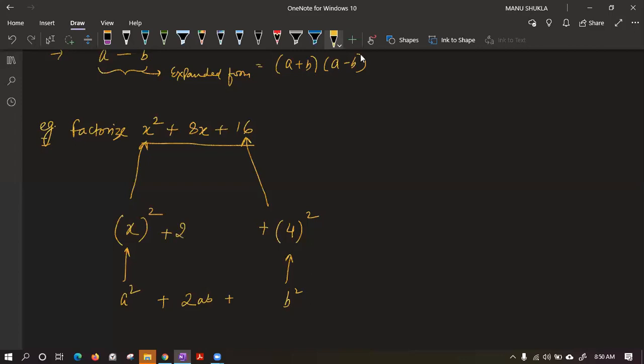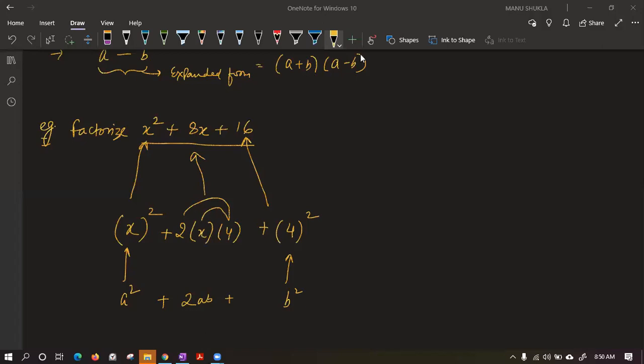So let us check. Is it working? What is the value of a? x. What is the value of b? 4. Please check. 2 fours are 8, 8 into x is 8x. Is it coming the same as the middle term? Yes, it is coming the same.